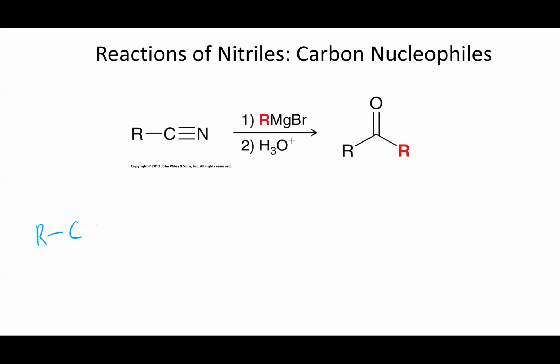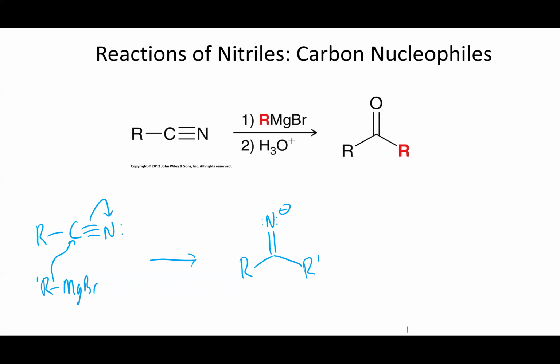So we'll look at the mechanism. The Grignard, remember, is a nucleophilic species. We get nucleophilic attack at the electrophilic nitrile carbon. And our intermediate looks like this. Let me just make that R group different. And when we take a look at that intermediate, we've got a carbon-nitrogen double bond.